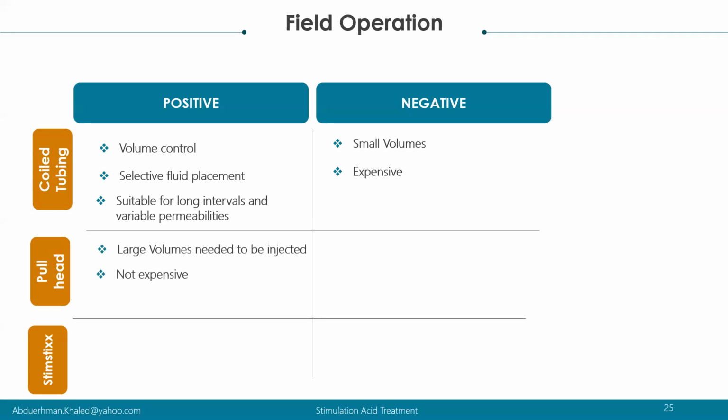With the bullhead, we are simply injecting from the surface, and therefore large volumes, if needed, can be injected. So the bullhead might be a suitable option for our treatment, and at least it is not as expensive as coiled tubing, but it has disadvantages, which is the exposure of the whole completion to the acid.